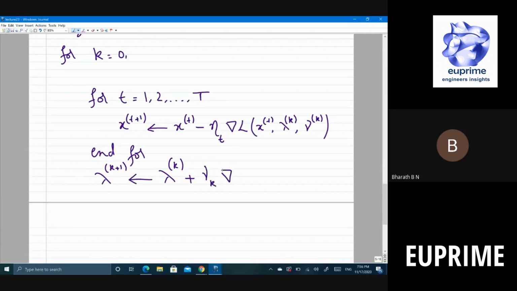This is gradient with respect to x, this is gradient with respect to lambda of L, with x capital T, lambda k and then nu. Should I use k or, I don't know whether, okay, so I'll just use this.